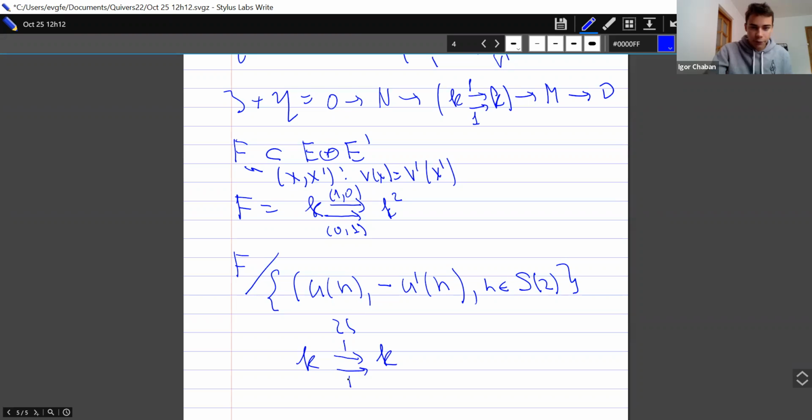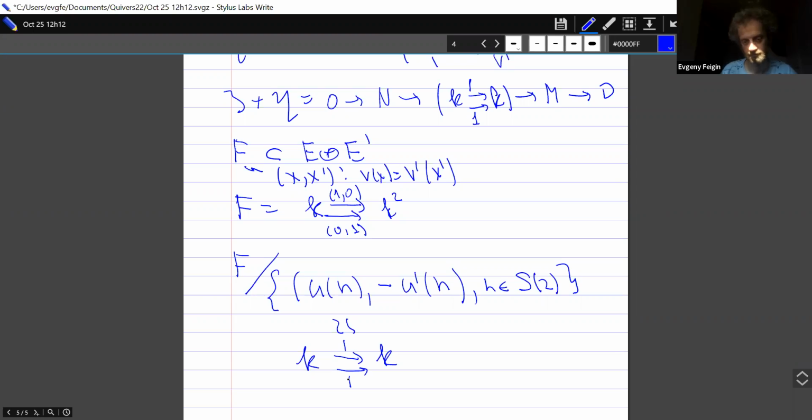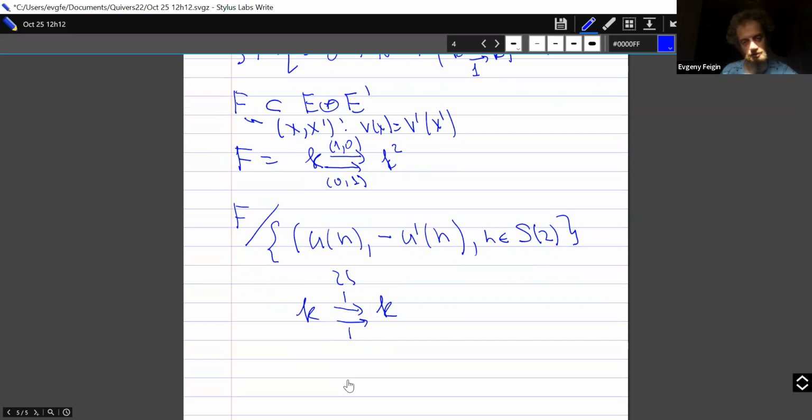We just identified two copies of K in the second term. Okay, so this is how it works.